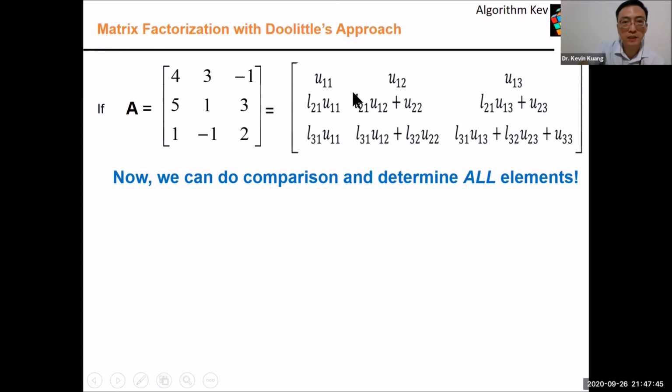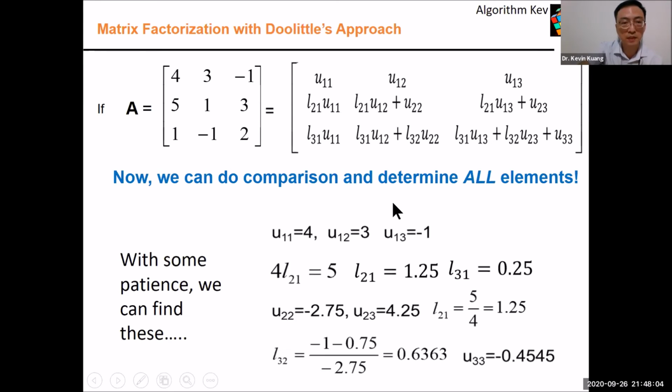Using this, and by comparing it to the given matrix A, immediately we can obtain the values of U11, U12, and U13. Doing it systematically, first the horizontal row, then the column, then the second row, and then lastly this element, we will be able to obtain the rest of the elements. With some patience and practice and a high degree of care, you should be able to obtain all these values.